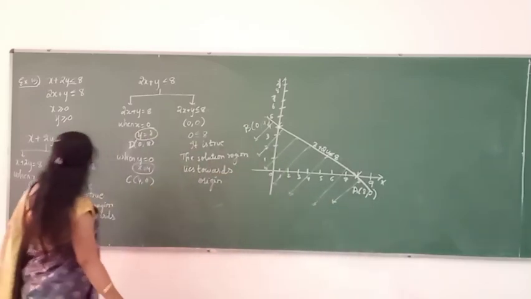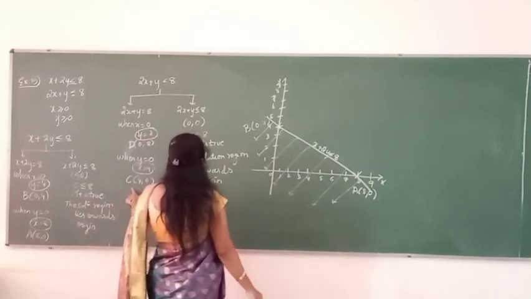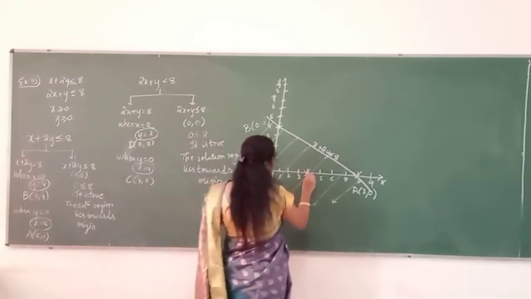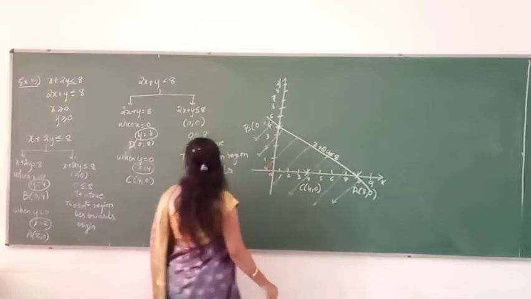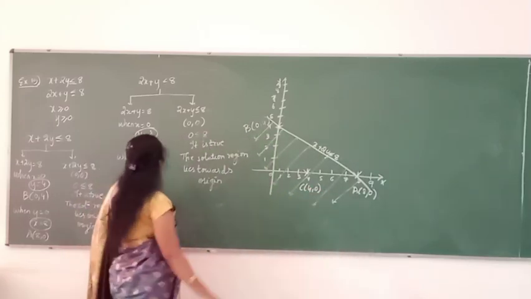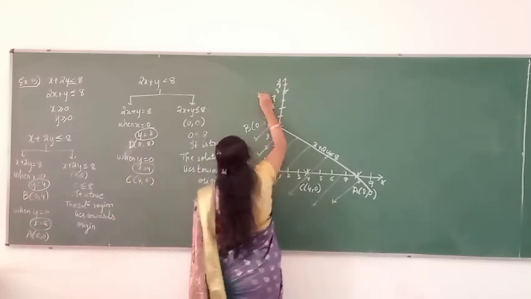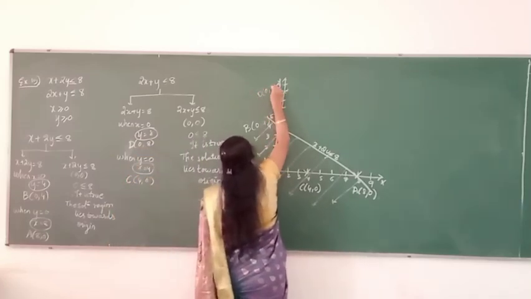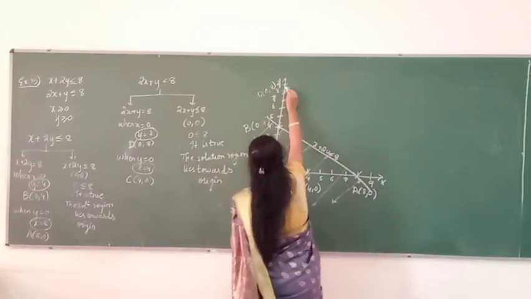Next, let us move with the next inequality. So C coordinate is nothing but 4, 0, and D is nothing but 0, 8. And it is less than or equal to.